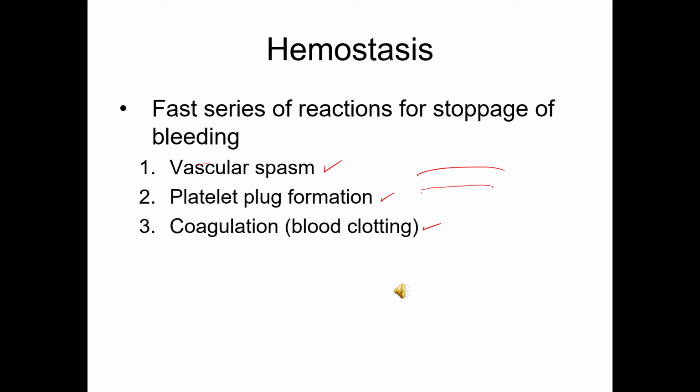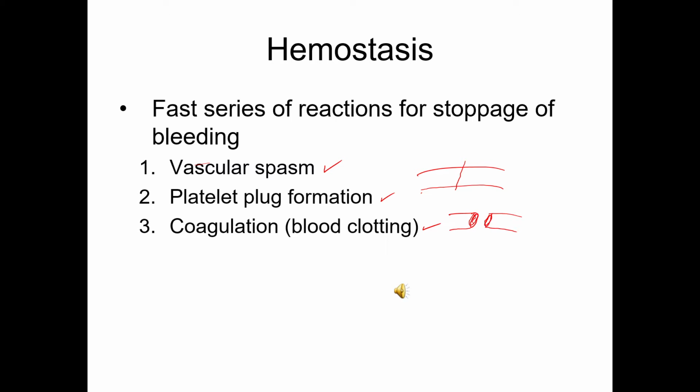So this is a blood vessel, and when you get a cut here, this is the lumen. So first thing what happens, you know that the wall of the blood vessel is smooth muscle. So contraction of the smooth muscle will cause narrowing of the lumen.